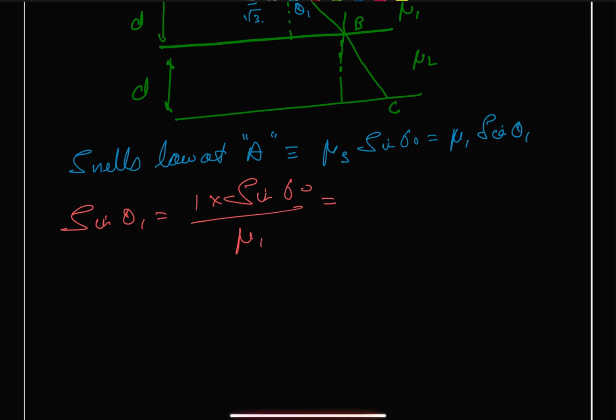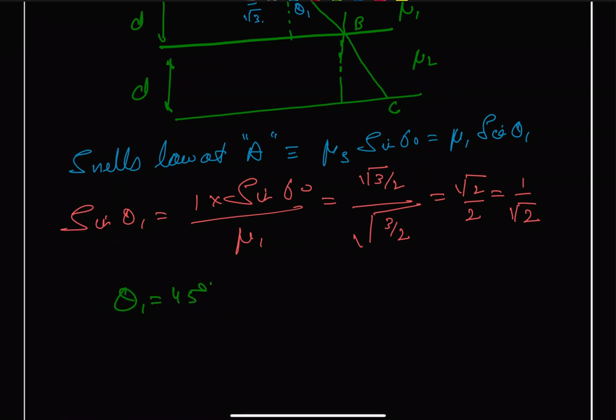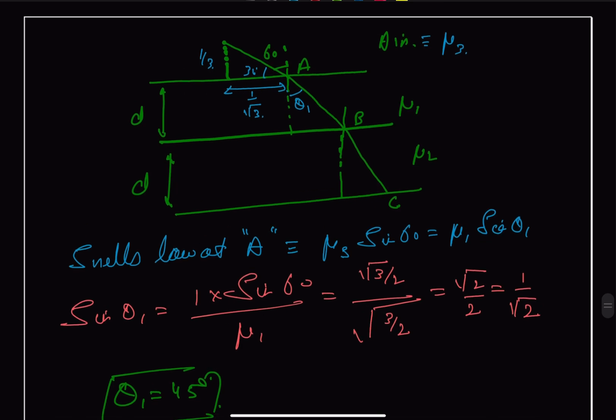Sine of 60 is square root of 3 divided by 2, and mu1 is given as square root of 3 divided by 2, and this comes as square root of 2 divided by 2, giving us 1 upon square root of 2. Therefore θ1 is equal to 45 degrees.